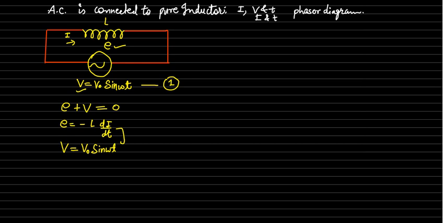If we substitute these two values, we get L di by dt equals V naught sine omega t. Further, we want to calculate the value of current only, so di equals V naught by L, sine omega t into dt, integrating both sides.